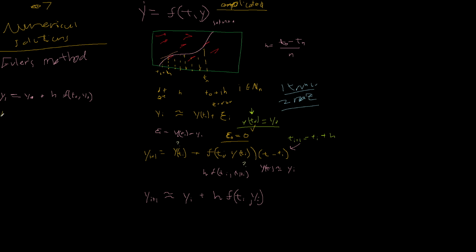But then y2 is going to be equal to y1 plus h times f(t1, y1). And y3 is equal to y2 plus h times f(t2, y2), and then on and on.